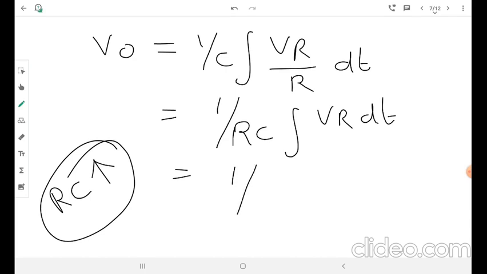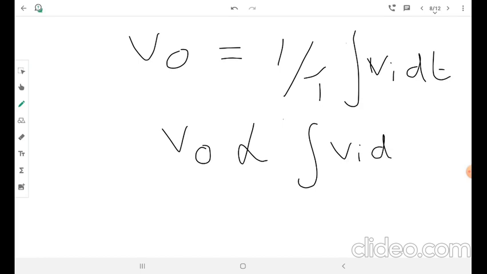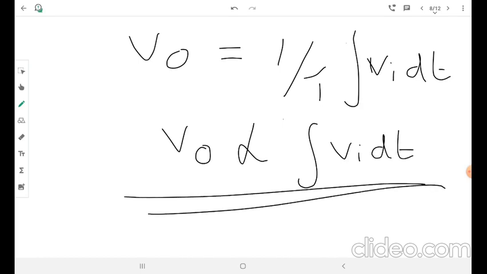So V out equal to 1 by RC integral VI dt. That is V out equal to 1 by RC, that is the time constant tau, into integral VI dt. So we can say in an RC integrator circuit, the output voltage is proportional to the integral of the input voltage. So it's mathematically proven. That's about the mathematical proof.